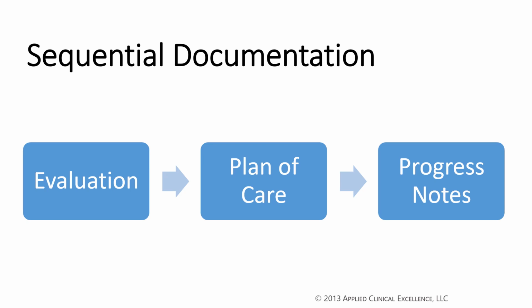If the evaluation changes the patient's diagnosis, a new plan of care will also need to be signed prior to providing and documenting the next therapy service. Really, it's best clinical practice to complete sequential documentation, and ACE's order of operations helps the clinical user to follow best practice standards.